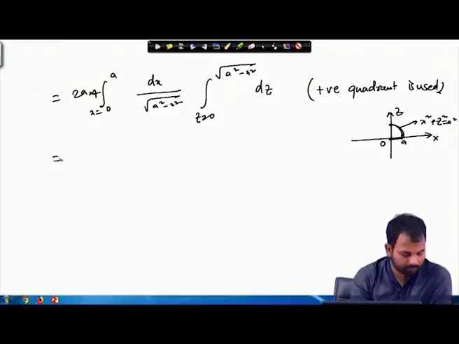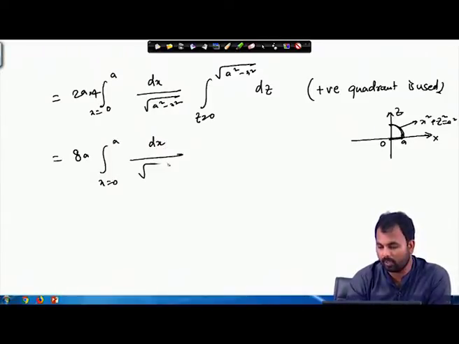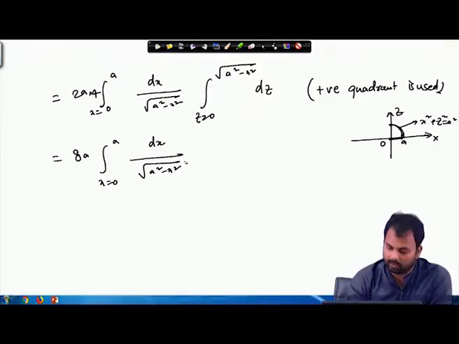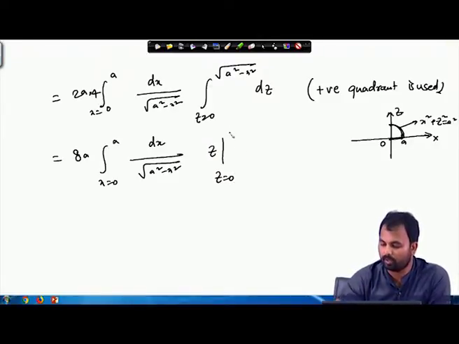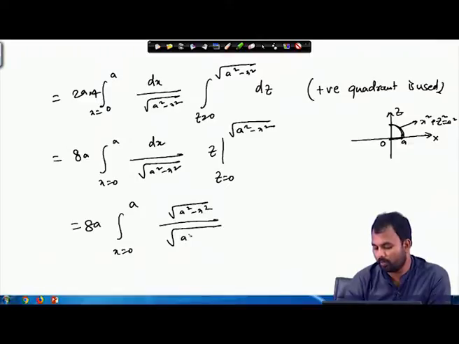So, now this will result in 8a integral x running from 0 to a, dx divided by the square root of a square minus x square, and then here we will have z evaluated at 0 and at the square root of a square minus x square. So, this will become 8a times the square root of a square minus x square in the numerator and the square root of a square minus x square in the denominator times dx.